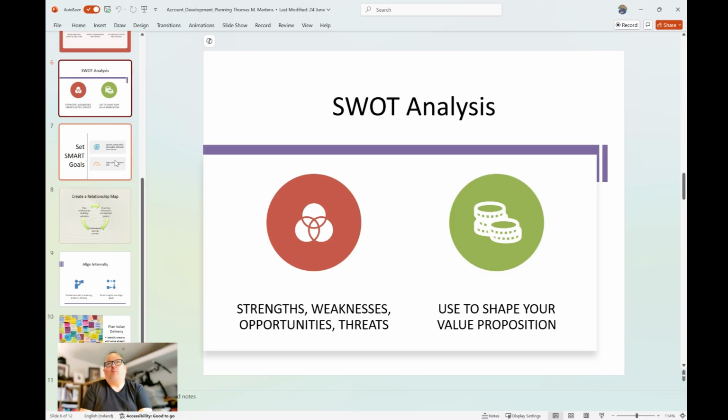Use this information to shape your value proposition. It is good to do the analysis beforehand and then go to the customer and shape the value you will bring as a team with a solution. So have a plan before you go to the customer with the value.